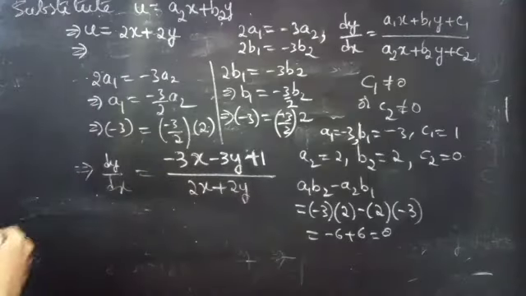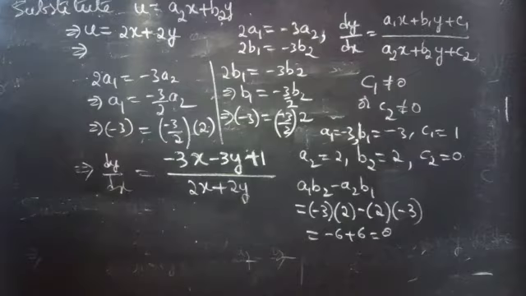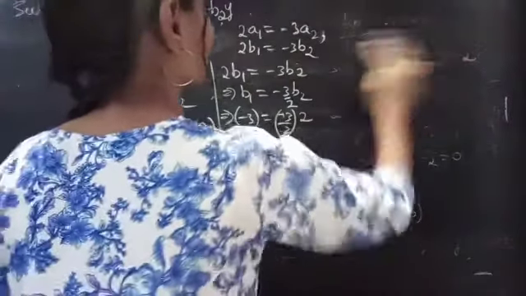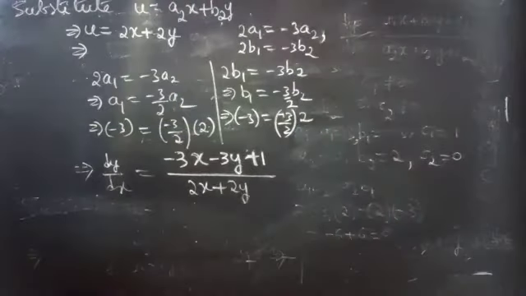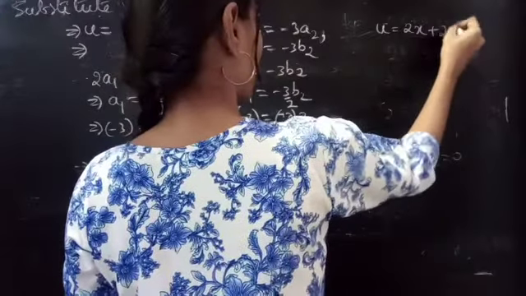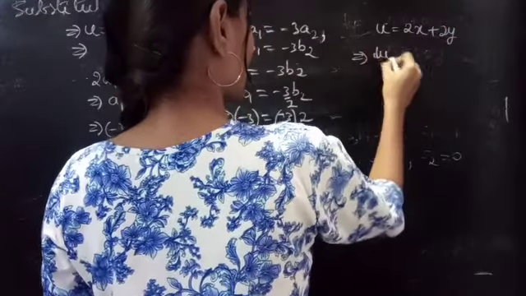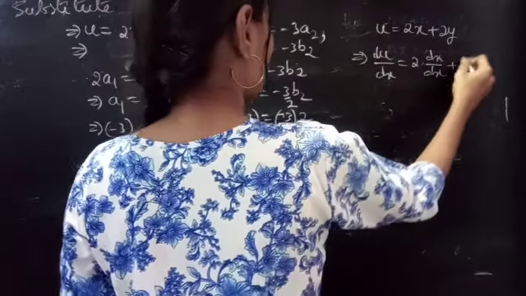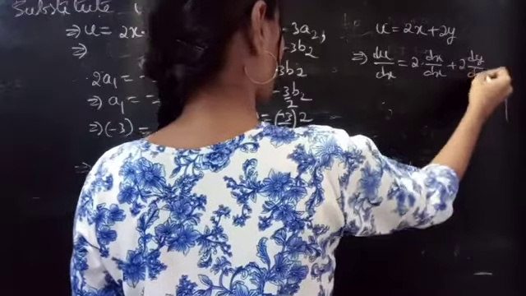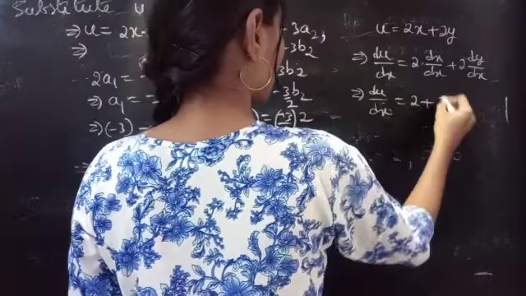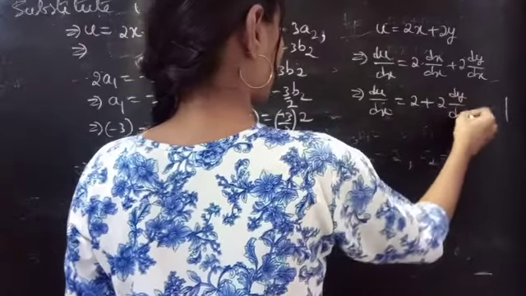Now differentiate on both sides with respect to x, then du by dx equals 2 into dx by dx plus 2 into dy by dx. Then du by dx equals 2 plus 2 into dy by dx.